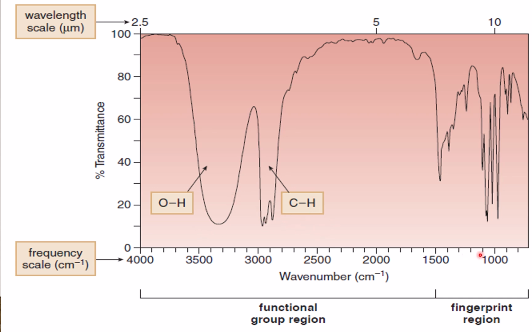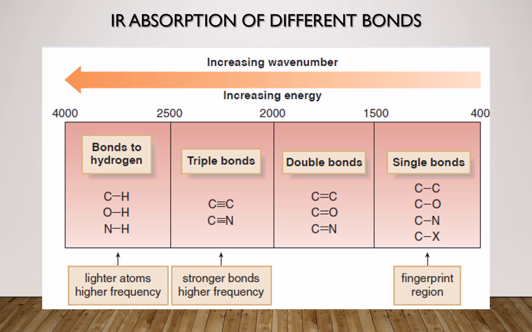And 1500 to 600 centimeter inverse, which is a very complex range, is called the fingerprint region. I hope you are understanding this.